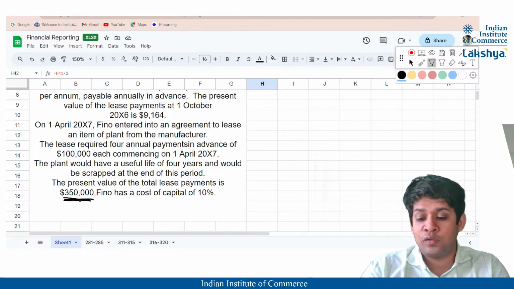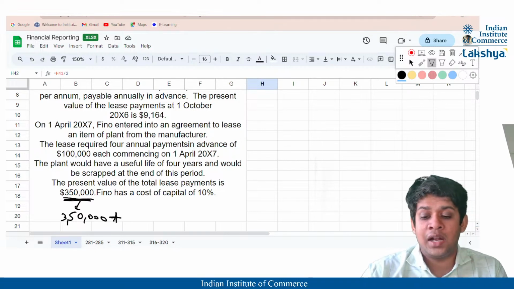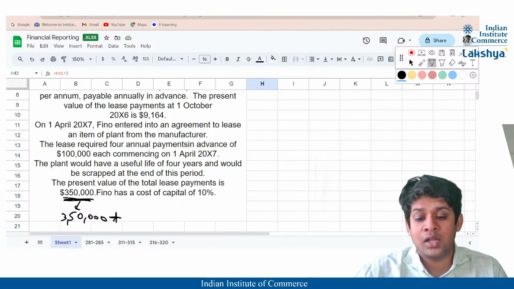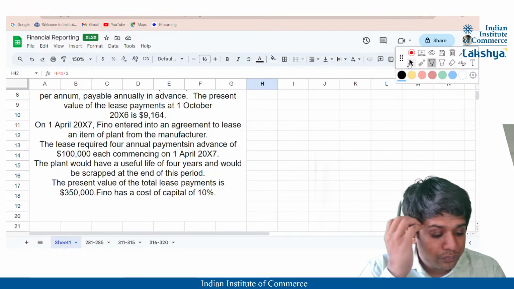So when you measure your right of use asset, you take into consideration this $350,000 plus any other costs like payments made in advance, payments at or before the commencement date, or any legal costs. All those things shall be added to the right of use asset, but that is not available. So the only value of the right of use asset here is going to be $350,000. Correct, guys?